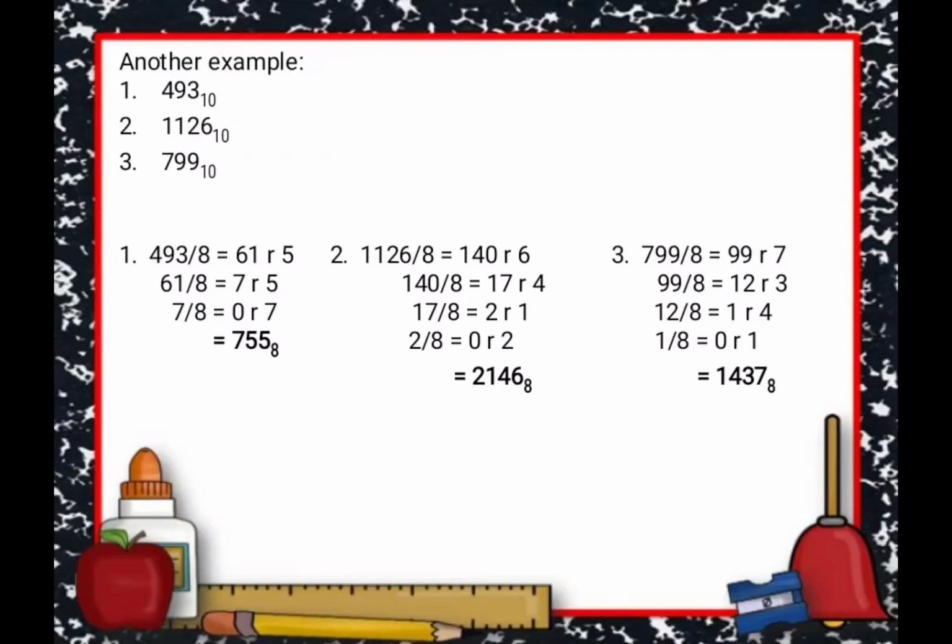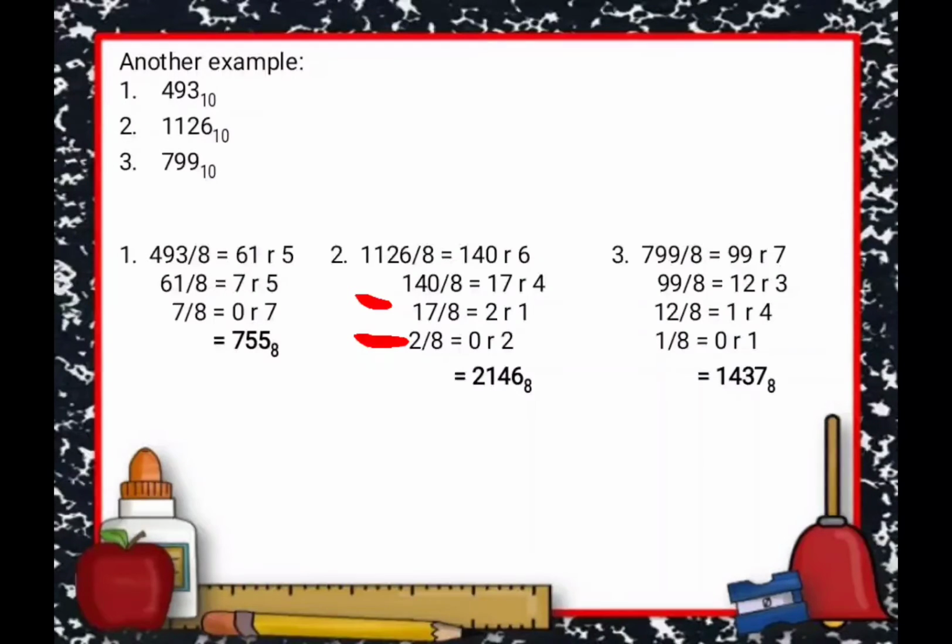So 1126 divided by 8. So we have 140 with the remainder of 6. 140 divided by 8, we have 17 with the remainder of 4. 17 divided by 8 is equal to the quotient of 2 with the remainder of 1, and 2 divided by 8 is equal to 0 with the remainder of 2.